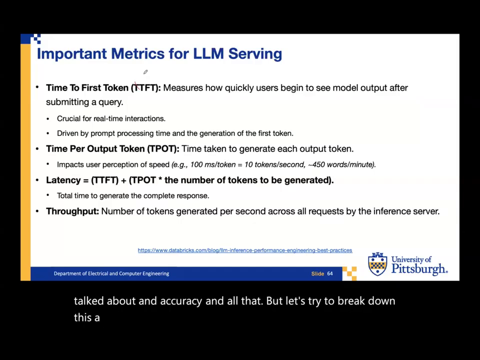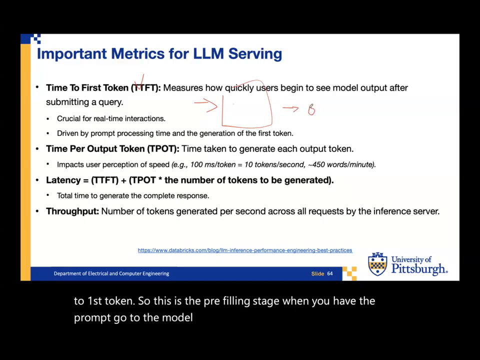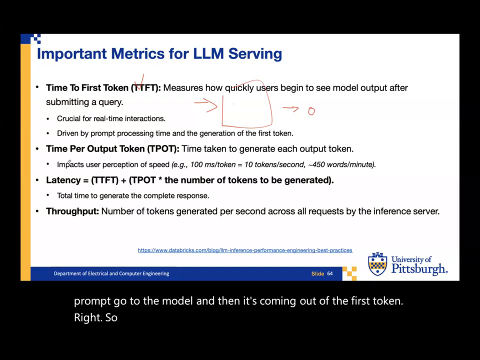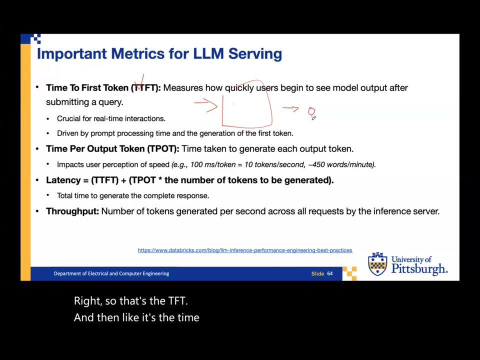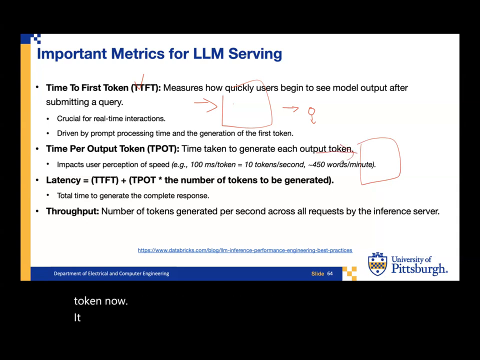The first metric we want to take a look at is the time to first token. This is the pre-filling stage, when you have the prompt go to the model and then the first token comes out, right? That's the TTFT. And then there's the time per output token. Once you have the first token, it becomes the prompt plus the first token, and then you generate the second token, right?